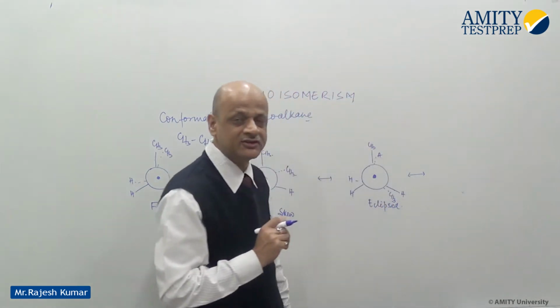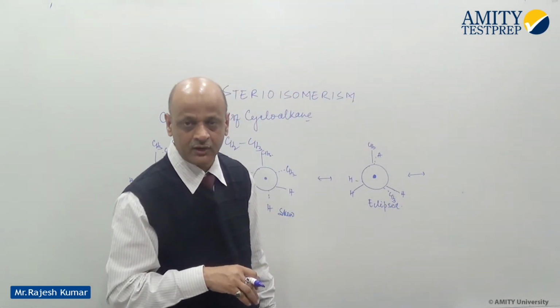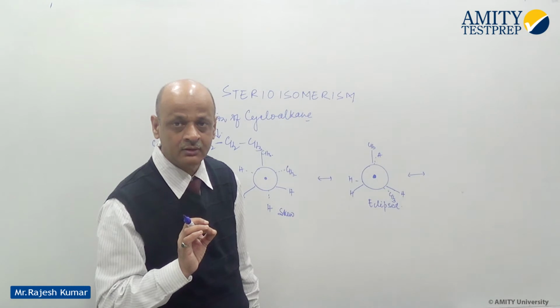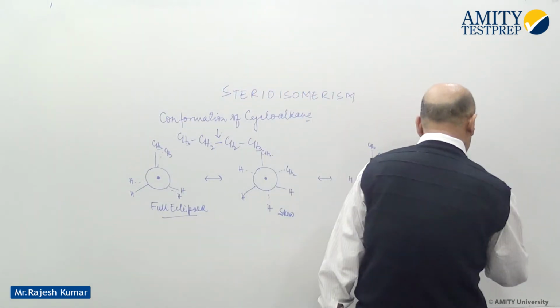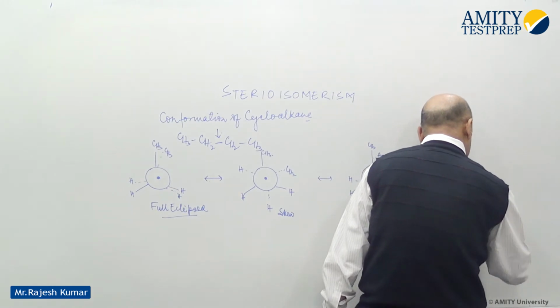Still the repulsive interaction is going on, torsional strain is still effective, and to a certain extent steric strain is also effective. Due to this, the rotation around the carbon-carbon bond continues.